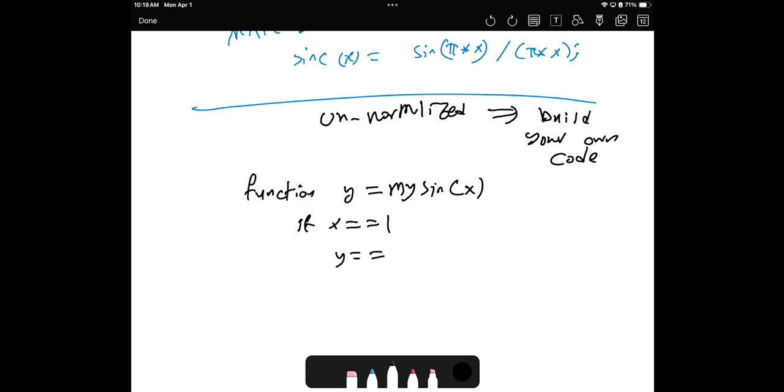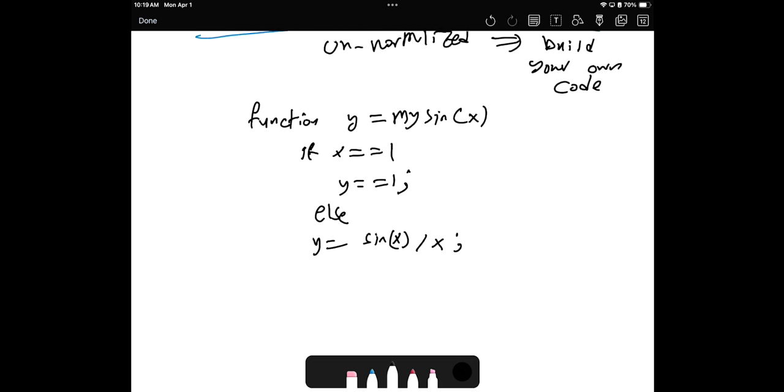Y equal to 1. Then else y equal to sine x over x. I didn't put sine x over x directly because when it is 0, it will give invalid. Then end.